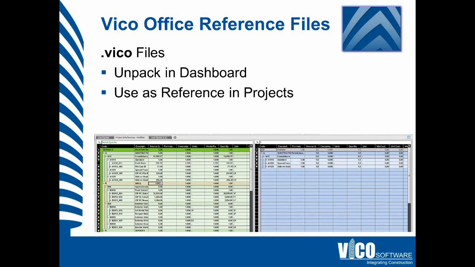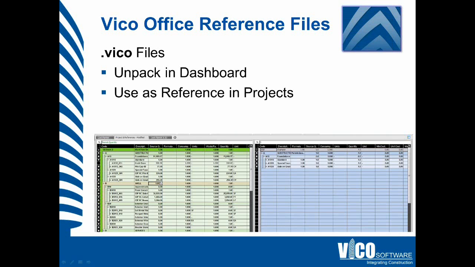So what you might want to do is create your own project, have the various references with the cost information loaded on your system as well, and then including it in your project becomes just a matter of dragging and dropping from the reference over here to the left in green into your project.